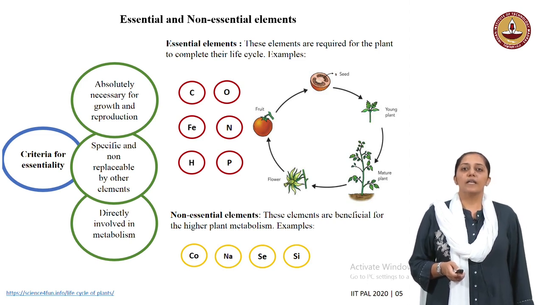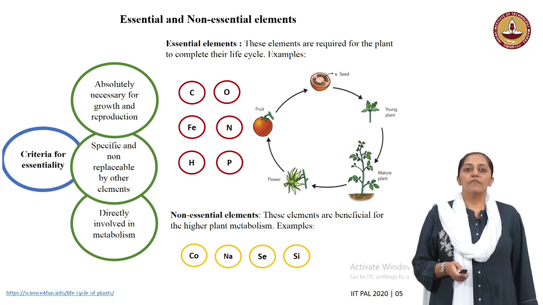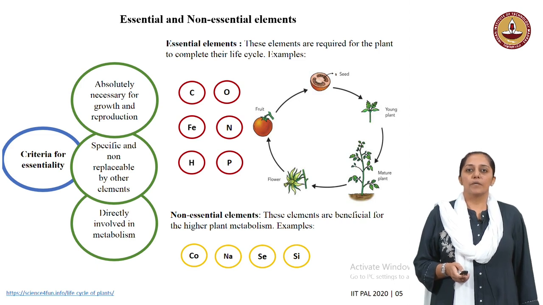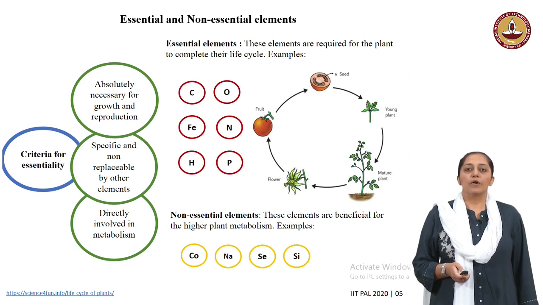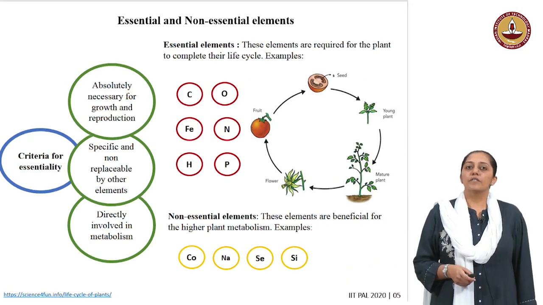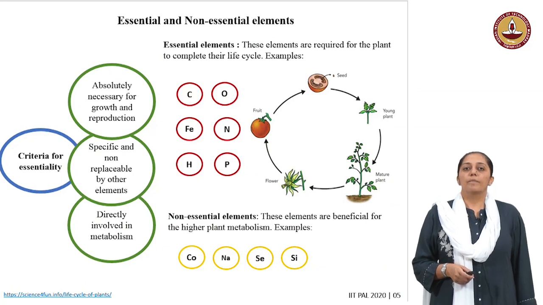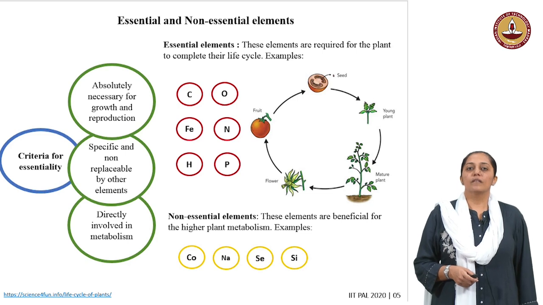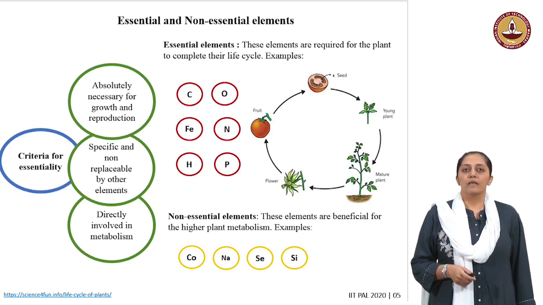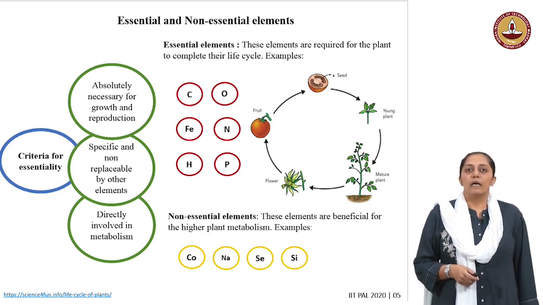While the non-essential elements are beneficial for higher plant metabolism, for example cobalt, sodium, selenium and silicon. Higher plants are plants which have a well defined vascular system, including the xylem and the phloem.